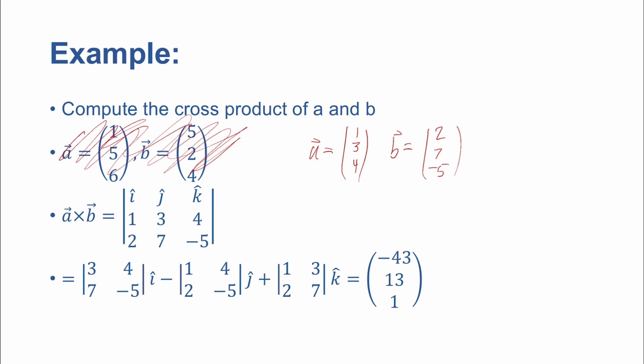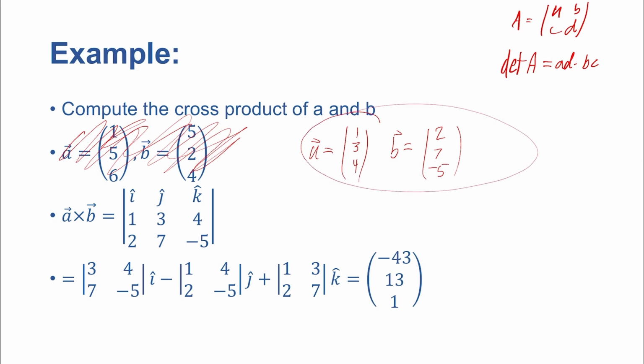Now what we do is, again, we use the rule such that the determinant of a 2x2 matrix A, if A has elements A, B, C, D, this is equal to AD minus BC. And thus we get the vector negative 43, 13, 1. This is a vector that's perpendicular to both A and B, such that A and B are the vectors that we've got up in there.